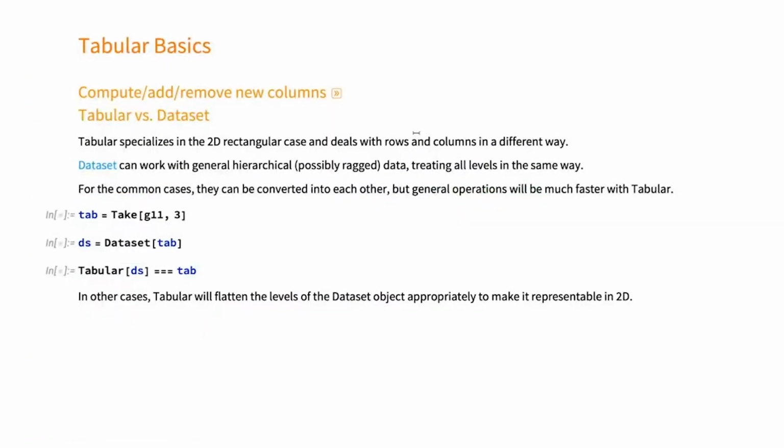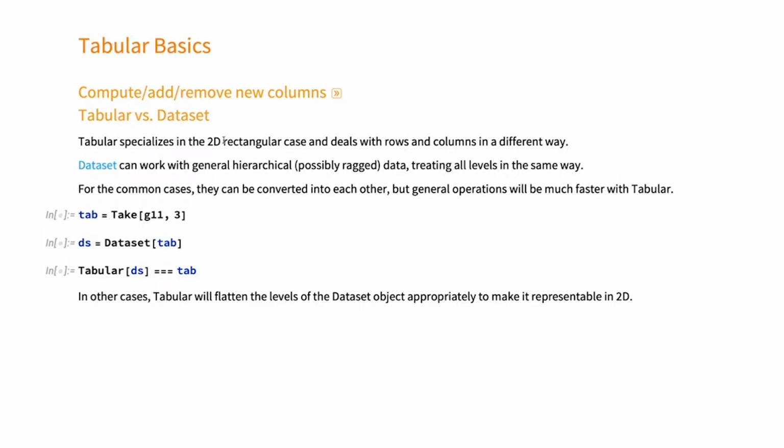I wanted to mention here that Tabular specializes in the 2D rectangular case. We always had in Wolfram Language, for many years, another data container called Dataset, which specializes in more general hierarchical, possibly ragged data. Dataset treats all levels in the same way, while Tabular, as you have seen, treats rows and columns in a different way.